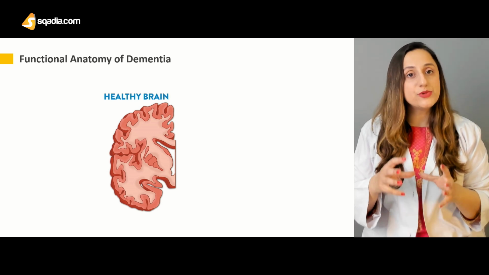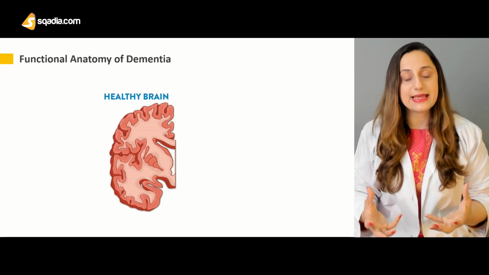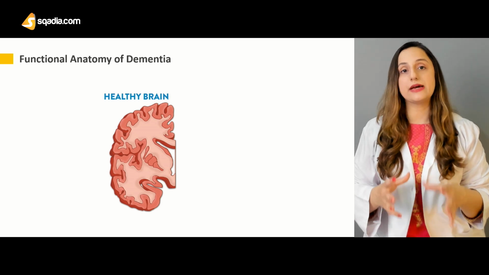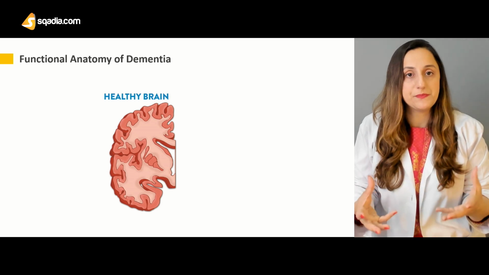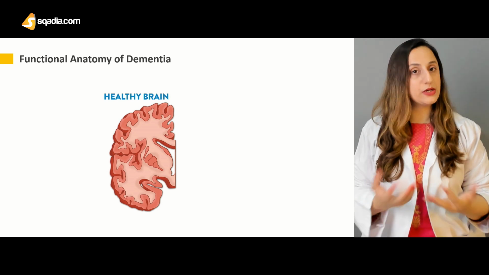These are the regions responsible for the memory-making process. Amygdala and hippocampus are the two major regions responsible for the development of memory. Then, if the language is affected, there are two areas that can be involved.